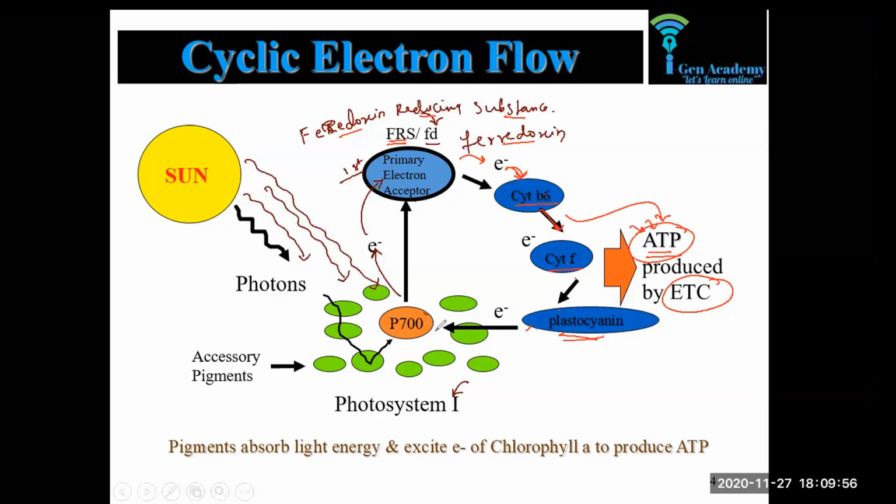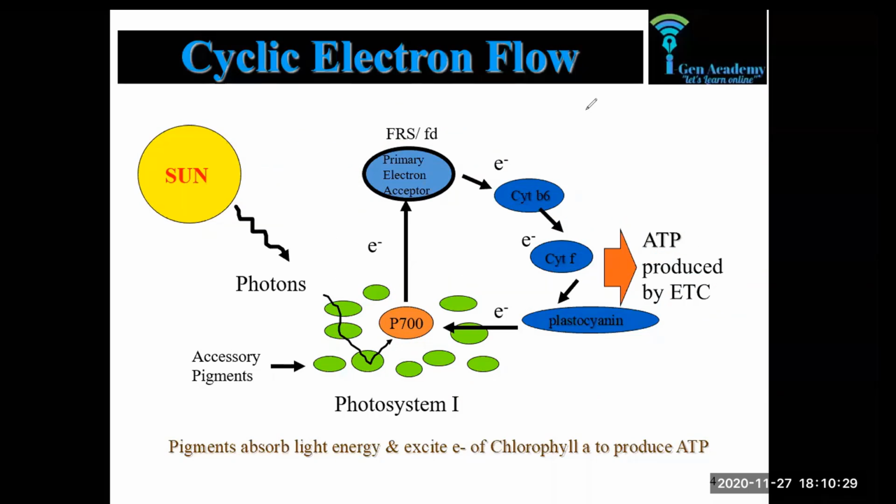Plastocyanin gives the electron back to the same reaction center of the chlorophyll A molecule that gave it away. We call this phenomenon cyclic photophosphorylation, cyclic because the electron moves through a cycle and comes back to the same reaction center. And this is all about cyclic photophosphorylation.